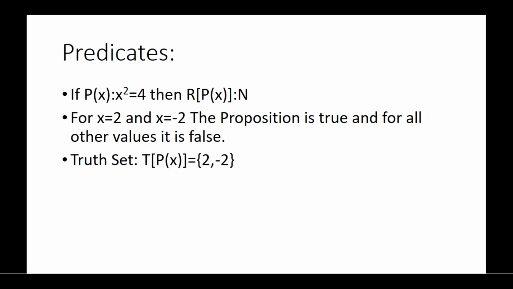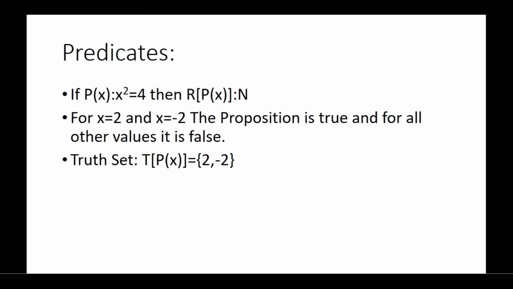So if p of x is x square equal to 4, then r of p of x, that is the replacement set, is the set of all natural numbers. In this set of natural numbers, we find that only for x equal to 2, the predicate p of 2, 2 square equal to 4, is a true proposition.